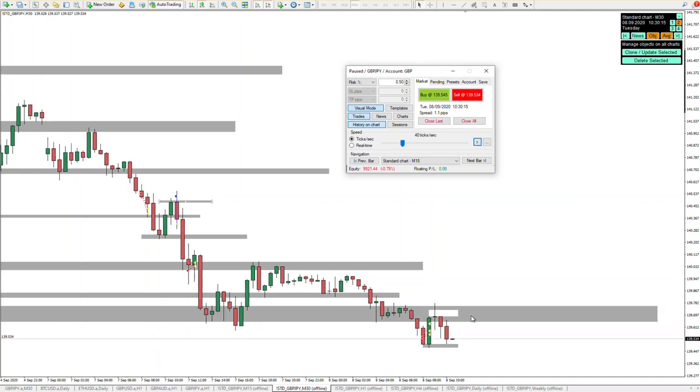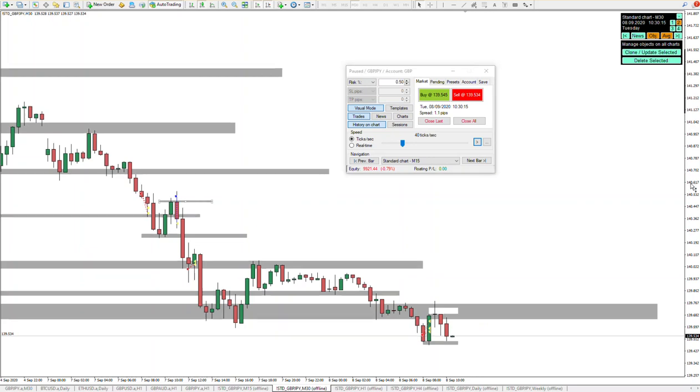Okay. Candle closed with a lower low, but it failed to break this resistance. At this point we can't do anything. I'm interested if we see a good wick to the upside, then the break of this low, I'm interested to sell.